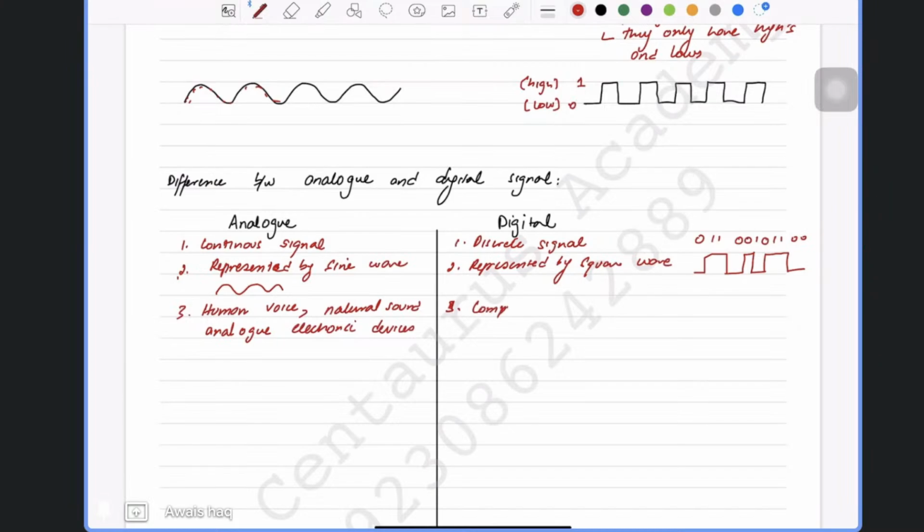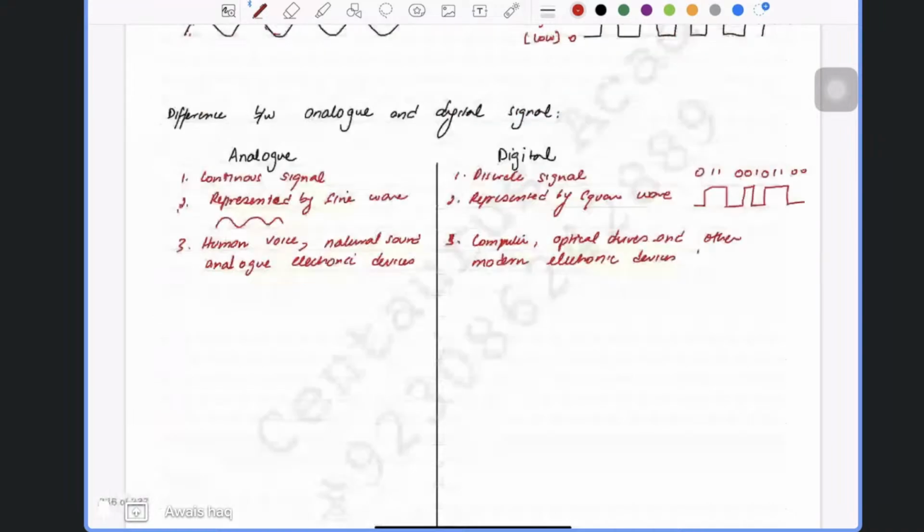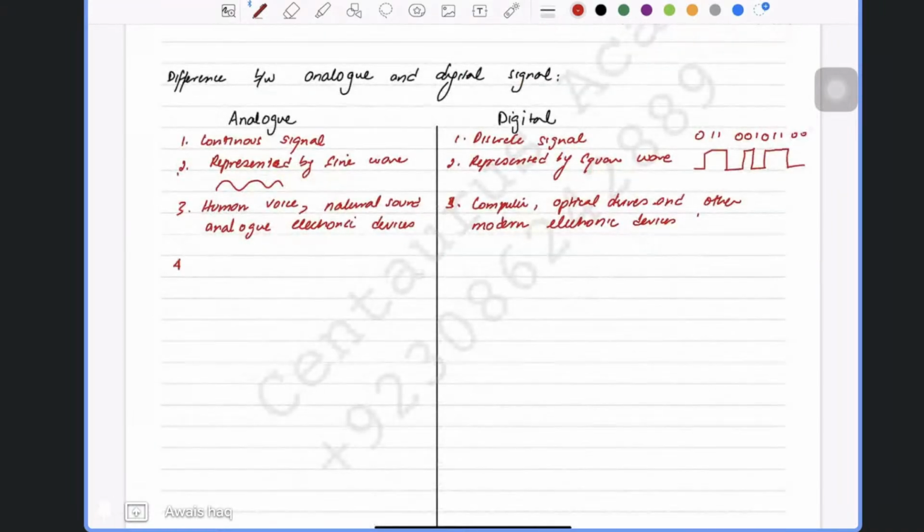So computers, optical drives, and other modern electronic devices use digital signals. Okay, now, it has a continuous range of values.